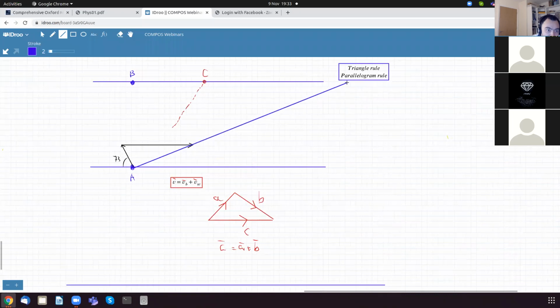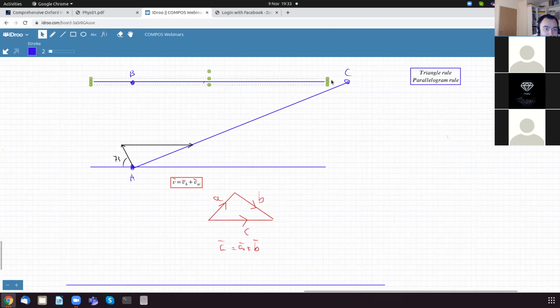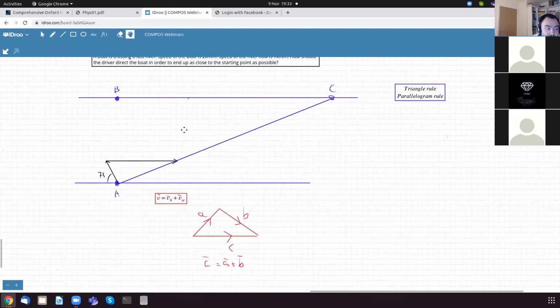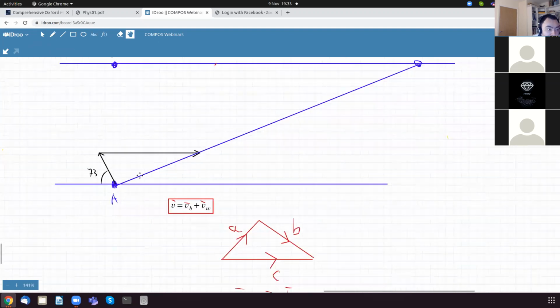So the boat will actually float like this and end up at point C. Sorry, point C is here. So quite a big drift. The actual angle is going to be 16.6 degrees, or 17 degrees.